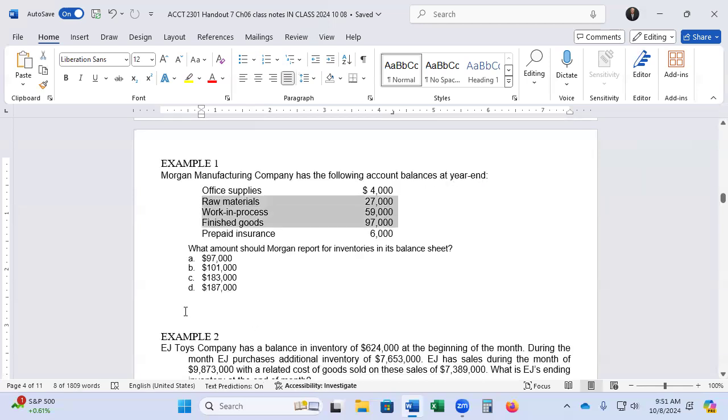And so we have to add those 3 totals up. And my answer, so that comes up to 183,000, or C.